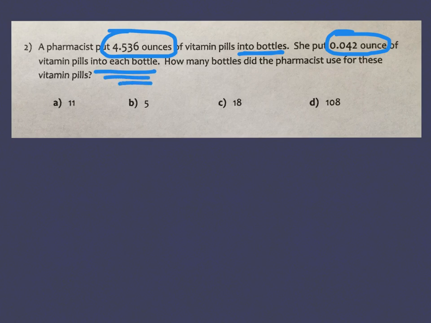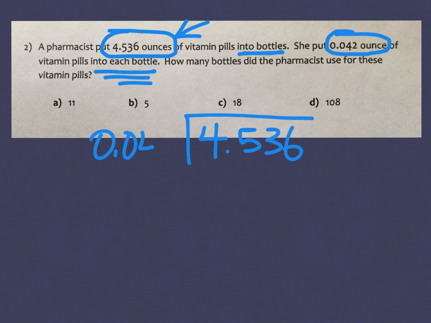So what was she doing with the 4.536 ounces? She was dividing it into bottles. 4.536 divided by 0.042. 4.536 was all of the pills. 0.042 went into each bottle.